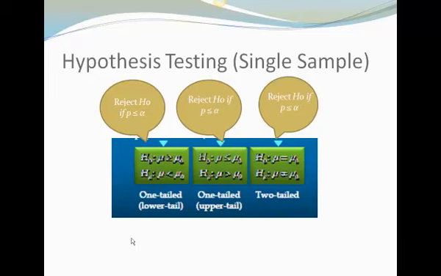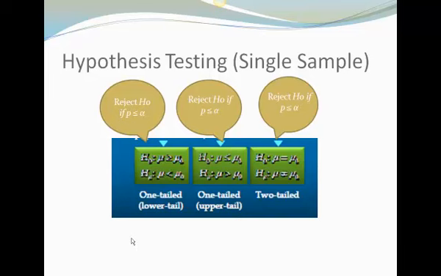In your one-tailed lower test, H0, the average is greater than or equal to some hypothesized average. So the or equal to is on there, and you'll see that in the one-tailed upper test as well. So H0 always has to have the or equal to. That's a rule.